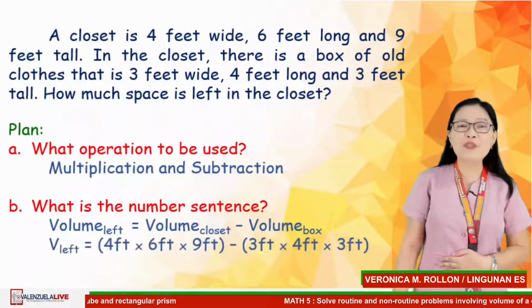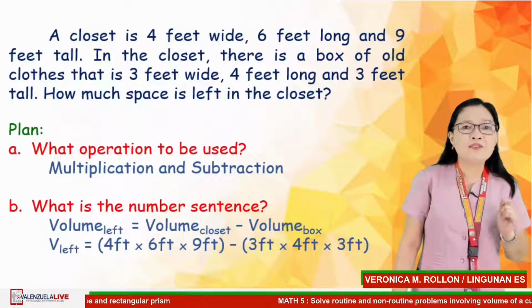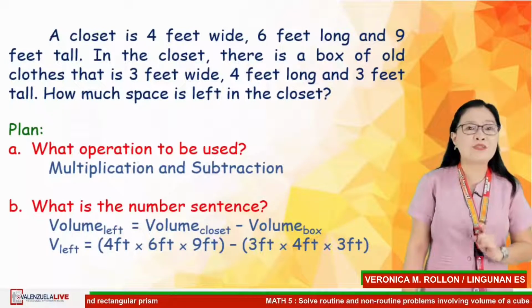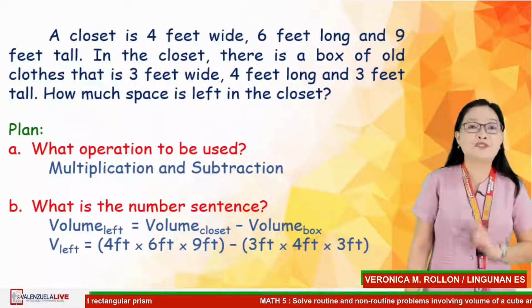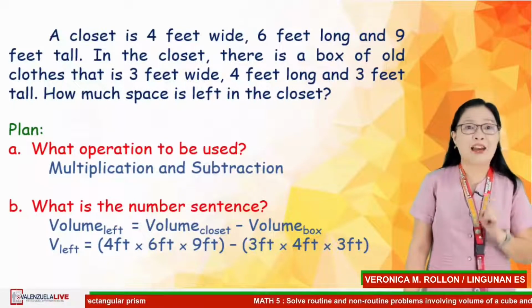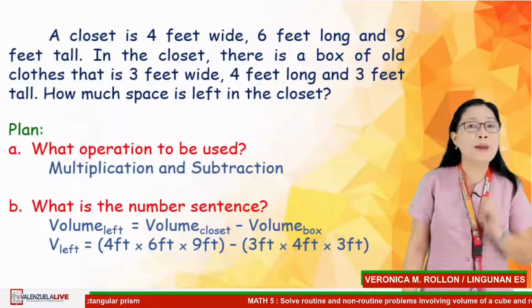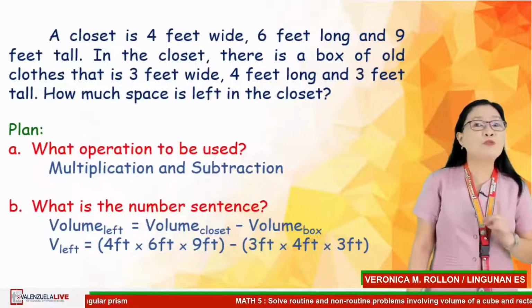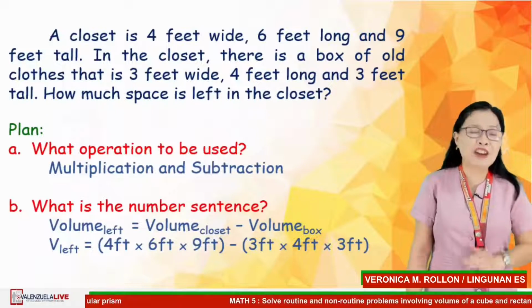Now let's substitute. Volume of the closet is 4 feet times 6 feet times 9 feet, minus the volume of the box, which is 3 feet times 4 feet times 3 feet.